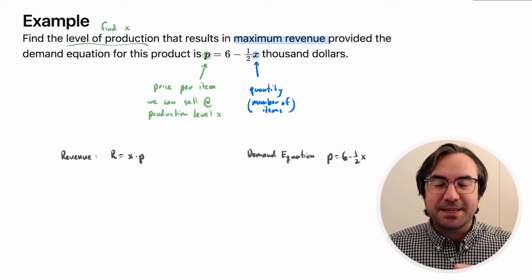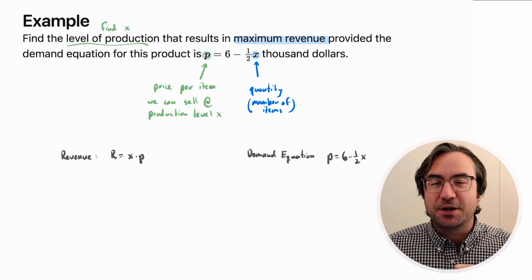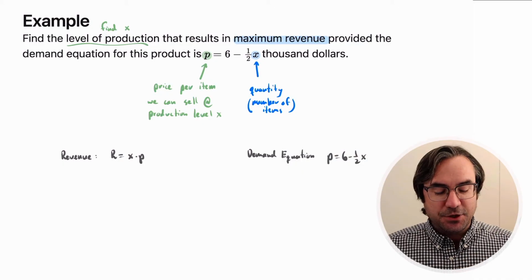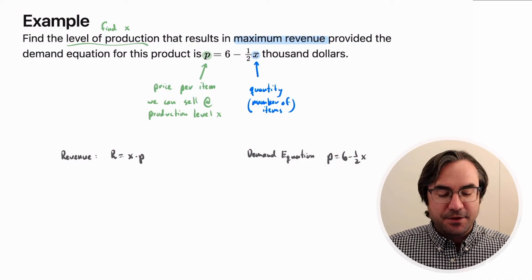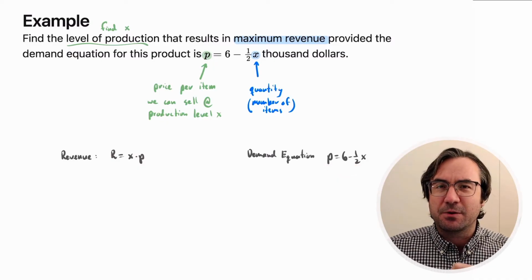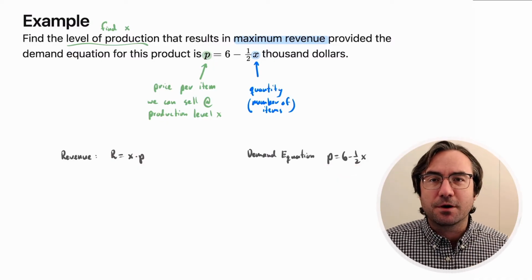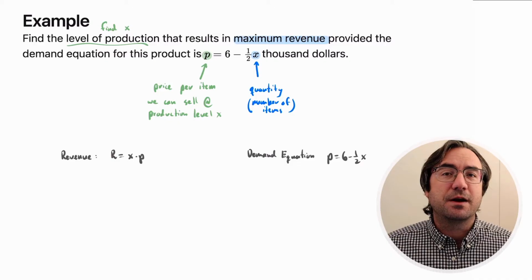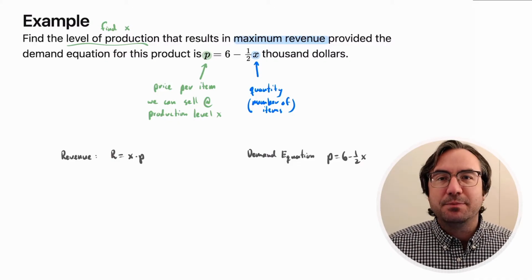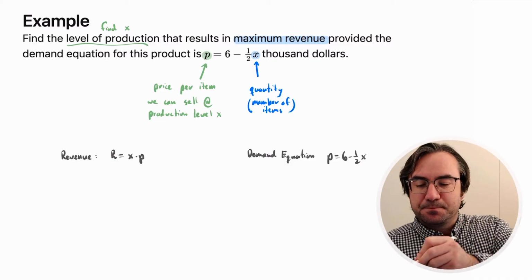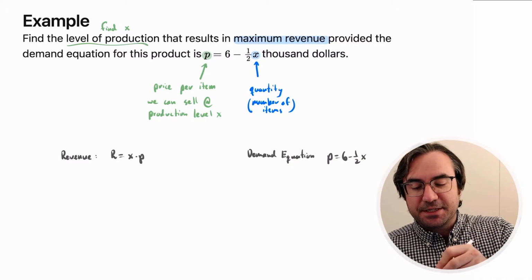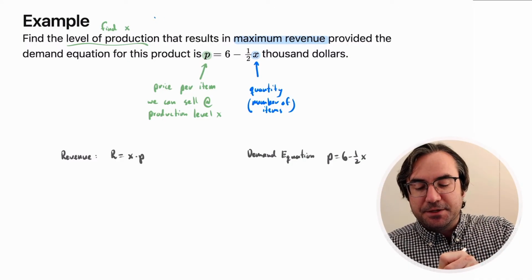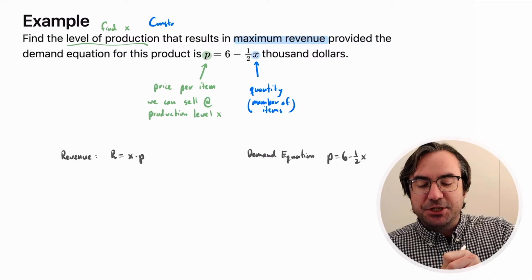If you increase X, well, then your price is going to go down. So you can't just pick the quantity and price to be anything. There's this extra relationship here. And we've seen this kind of setup before. This is one of our constrained optimization type problems. So this example is a constrained optimization.